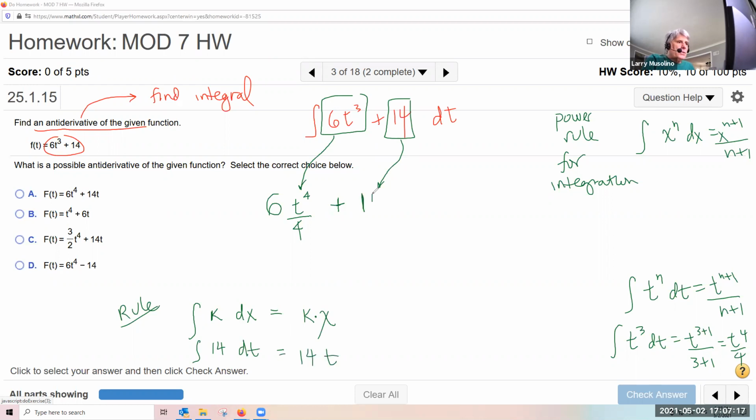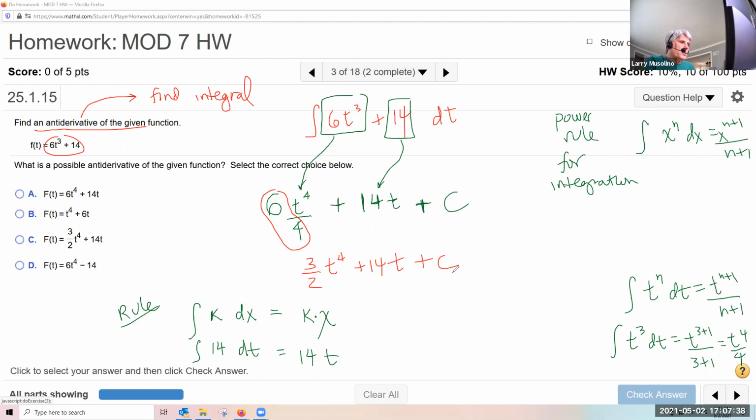So I'm going to put a 14t here. Okay. And of course, I'll put a plus c here as a constant. Well, I could do one little simplifying here because I have 6 over 4. That fraction simplifies to be 3 halves t to the 4 plus 14t plus c.